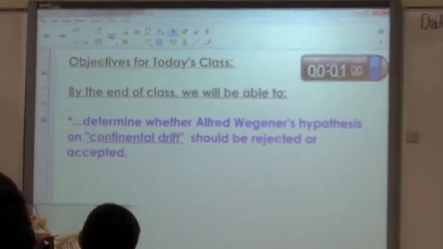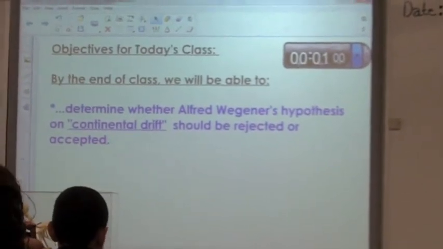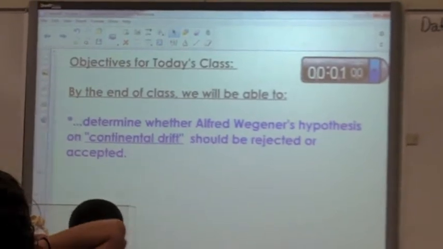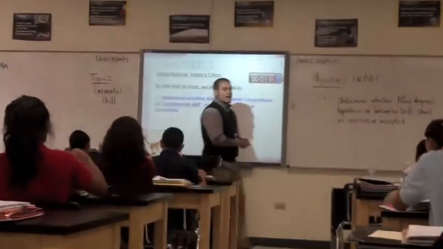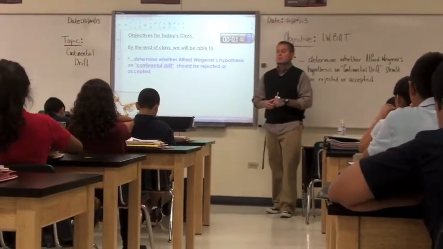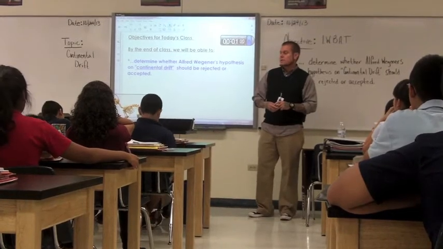We're going to study the evidence he put together to try to prove his hypothesis, and then either as a class or individually initially, and then we'll discuss it, we're going to accept his hypothesis or reject it, and come up with why we accept it or reject it.